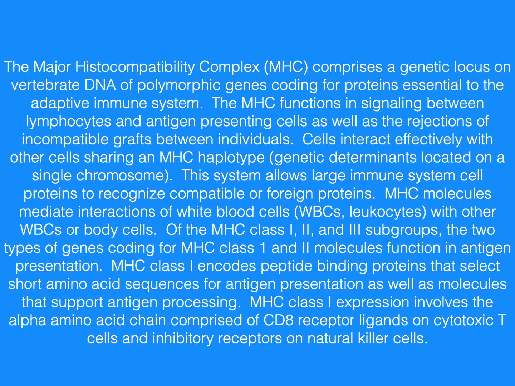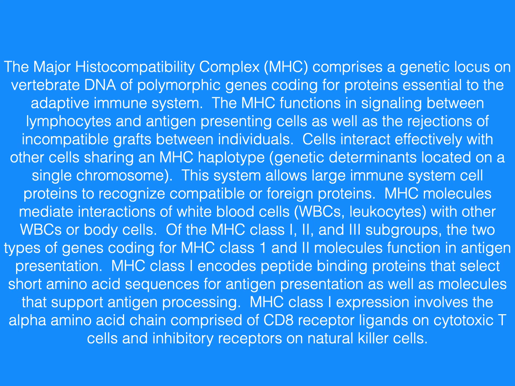MHC molecules mediate interactions of white blood cells with other white blood cells or body cells. Of the MHC class I, II, and III subgroups, the 2 types of genes coding for MHC class I and II molecules function in antigen presentation.